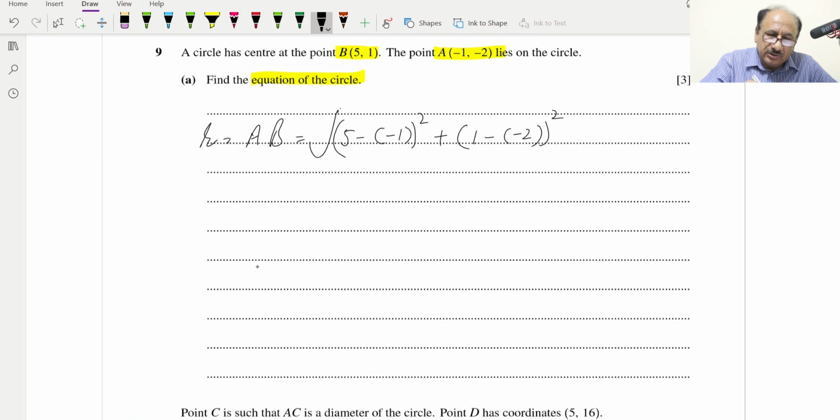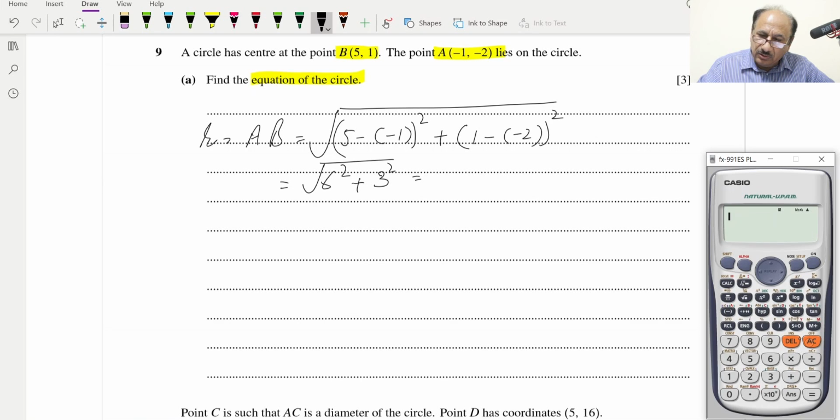We can write this as 5 plus 1 is 6, so 6 squared, plus 3 squared, under root.